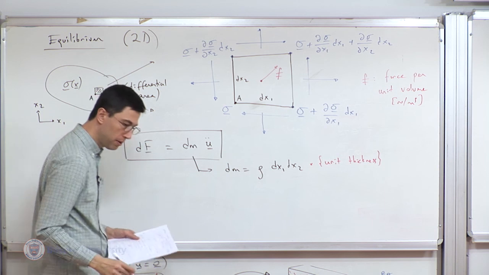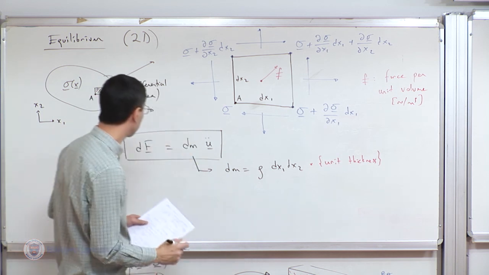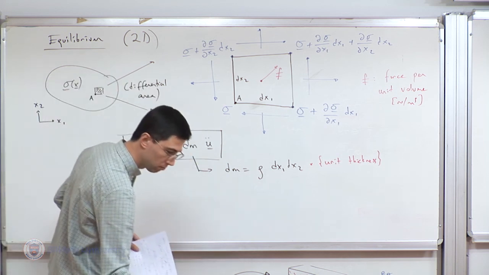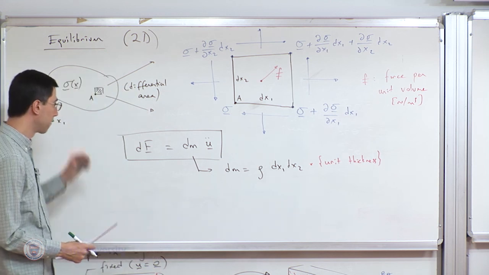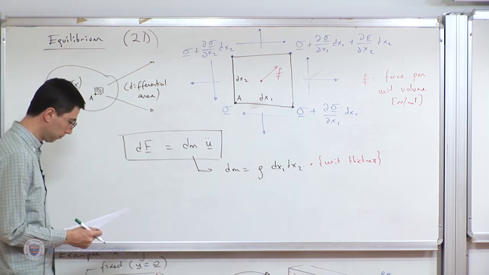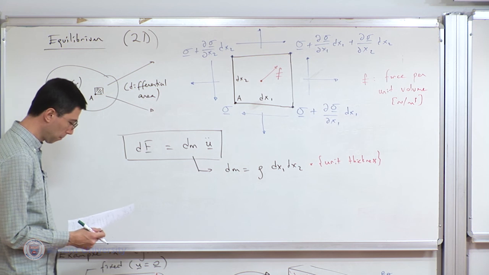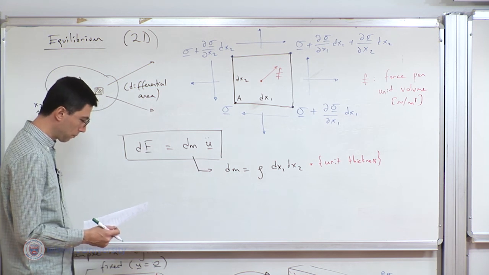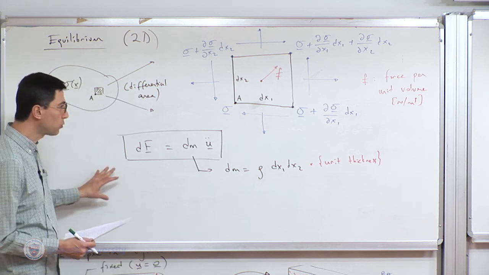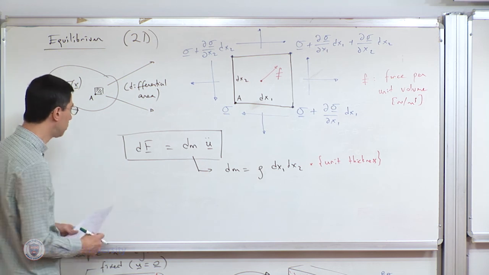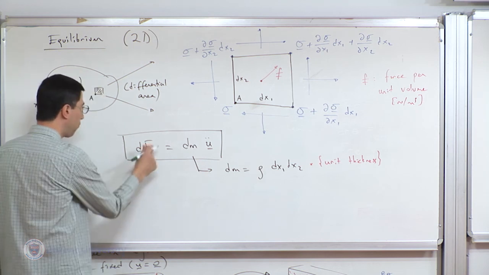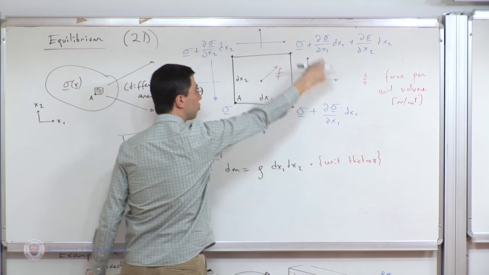And now there is the force. Now I'm going to talk about the force. The force is a little bit tricky. Now the force is a sum of the volume force and the surface forces.